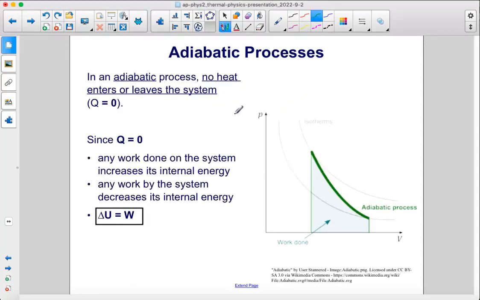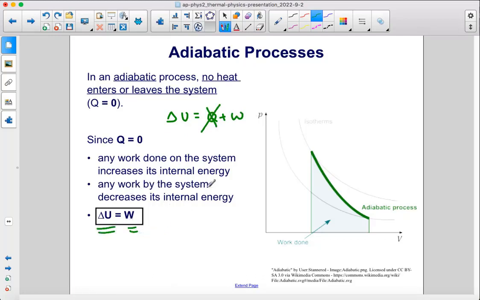In an adiabatic process, no heat enters or leaves the system, so Q equals 0. Since Q equals 0, any work done on the system increases its internal energy, because remember we have change in internal energy is Q plus W. Since this is 0, that means that the change in internal energy equals the work.